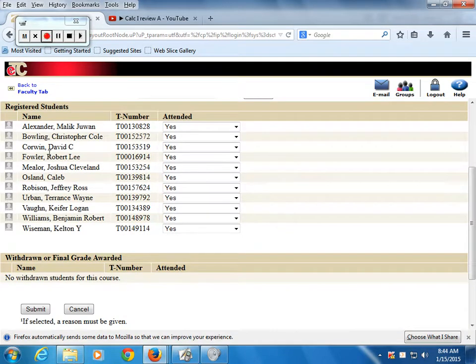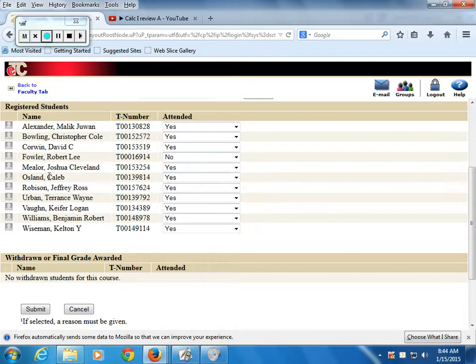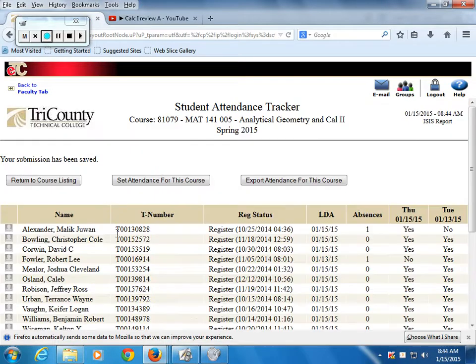Alexander. Bowling. Corwin. Mr. Fowler is not here. Meadler. Oslin. Robinson. Urban. Vaughn. Williams. Wiseman. That's done.